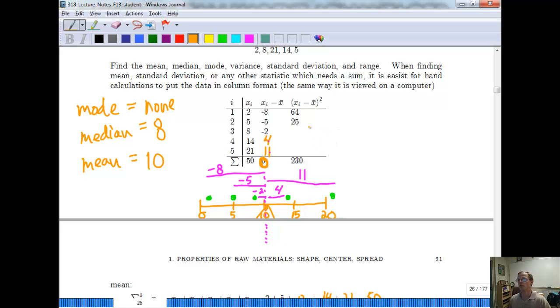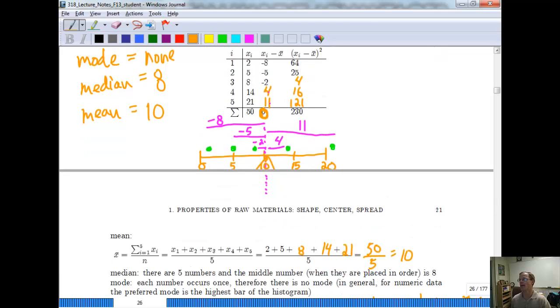So what we do then is we square them. 8 squared, 64, 5 squared, 25, -2 squared is 4, 4 squared is 16, 11 squared is 121. Add this column up, and I get the 230.